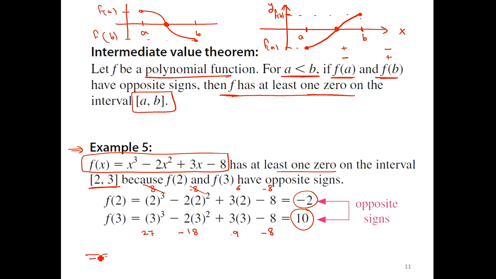So surely f has a zero on the interval from 2 to 3. We have at least 1 zero between 2 and 3 for this function.